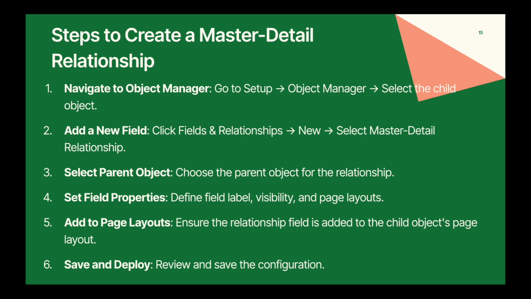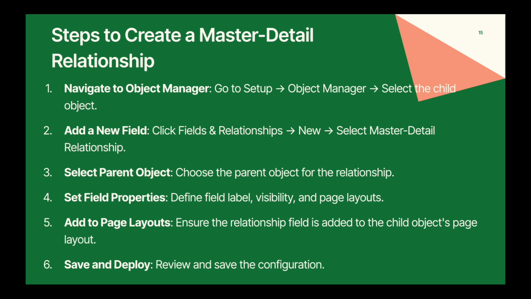From setup, you can go to the object manager, and whatever object you want to consider as a child object, you can select that object and then click on the fields and relationships tab on the left side. Then click on the new button on the top right side and select master detail relationship as the data type from the list on the page that comes up.